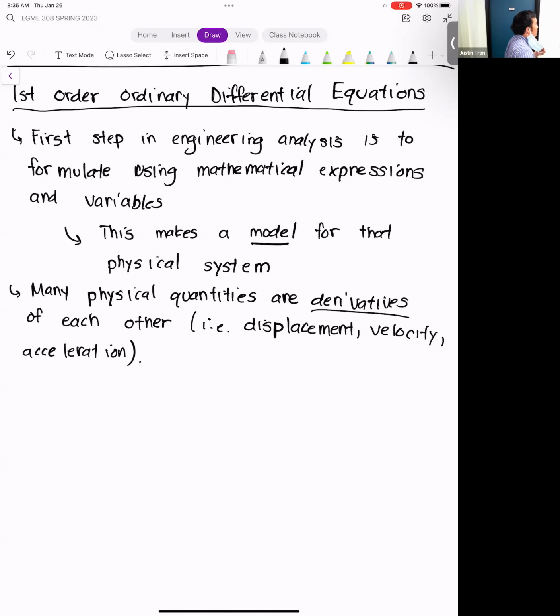And because we have so many physical quantities that are derivatives of each other, it naturally follows that differential equations, which are equations formed of derivatives, show up really a lot whenever you do any kind of physical model.